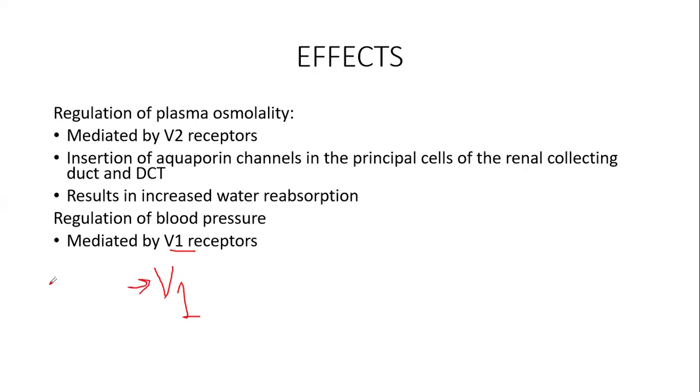Like for example, we have ADH. ADH will stimulate the V1 receptor, and this will work via stimulating the G protein, but this time we have the Gq alpha subunit being stimulated.